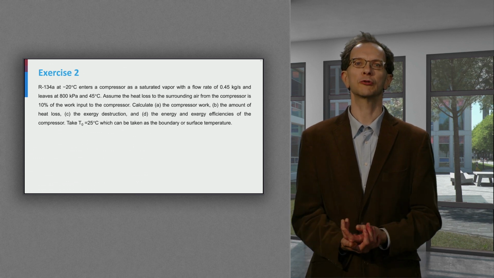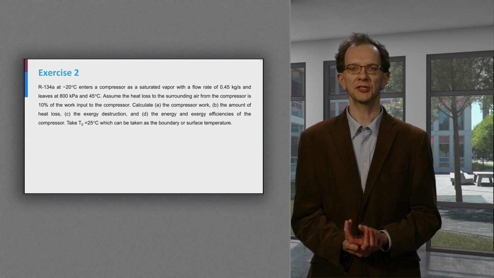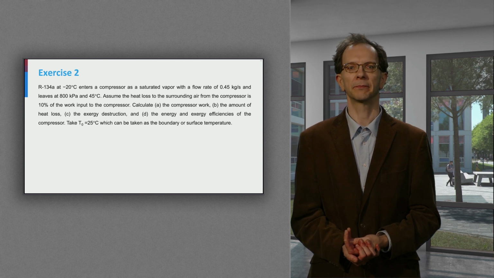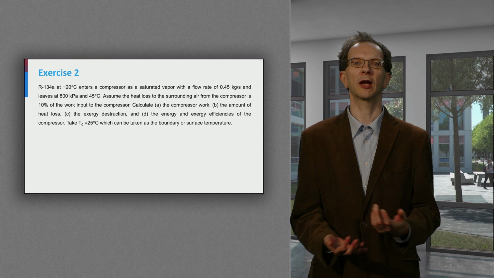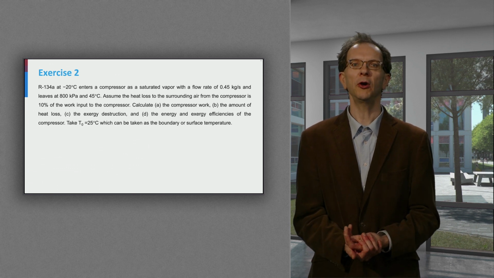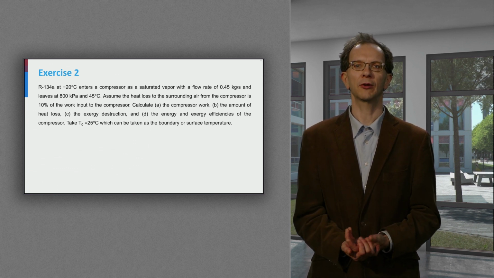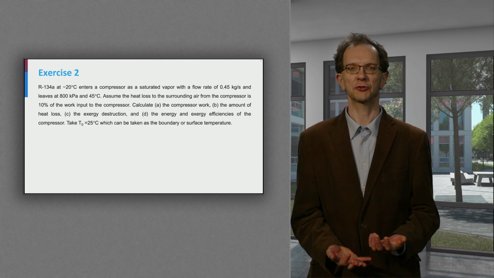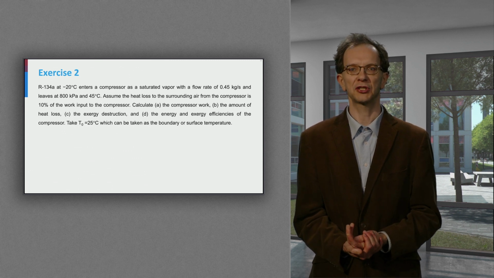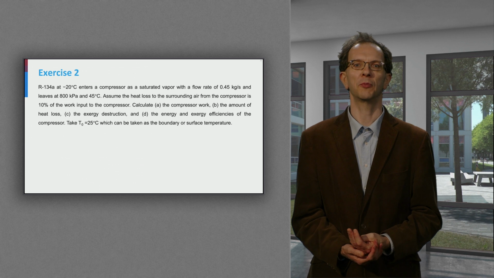Assume the heat loss to the surrounding air from the compressor is 10% of the work input to the compressor. We are asked to calculate A, the compressor work, B, the amount of heat loss, C, the exergy destruction, and D, the energy and exergy efficiencies of the compressor.